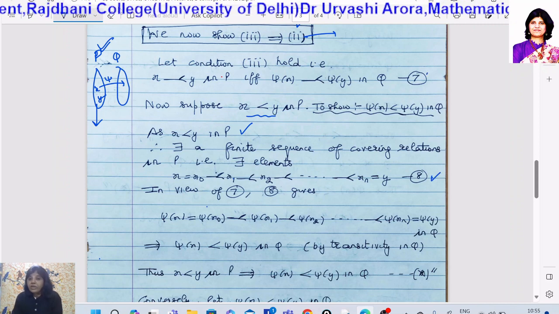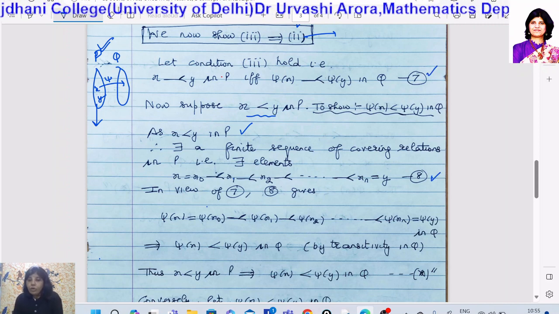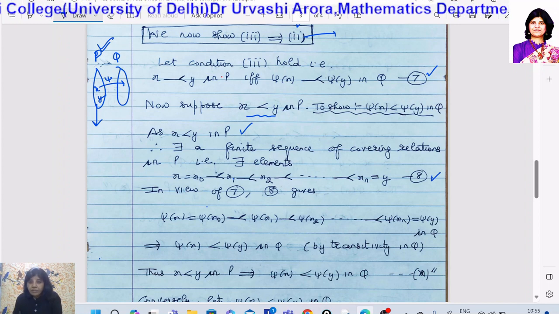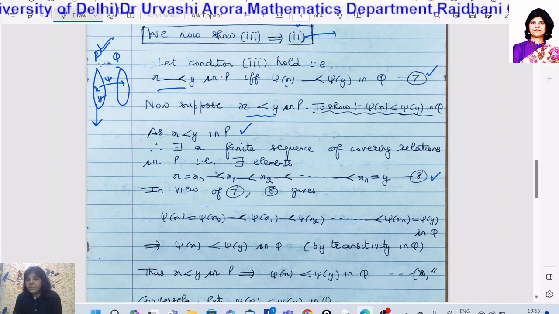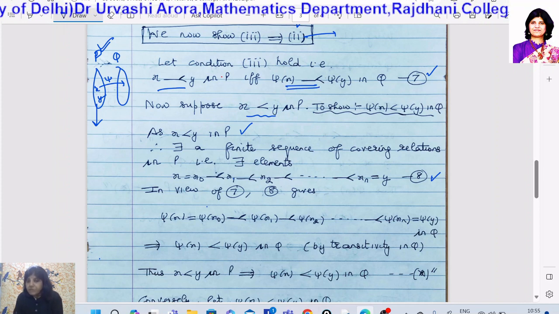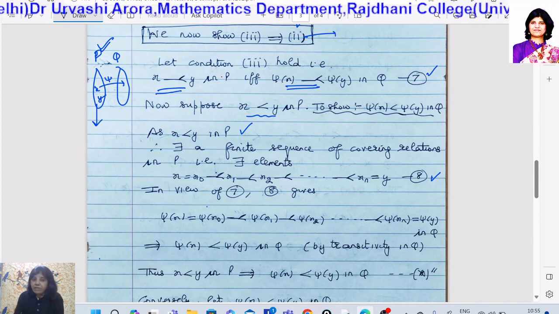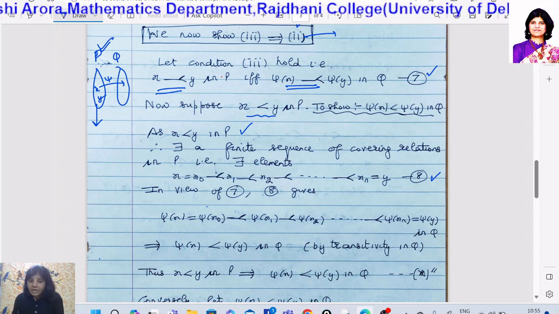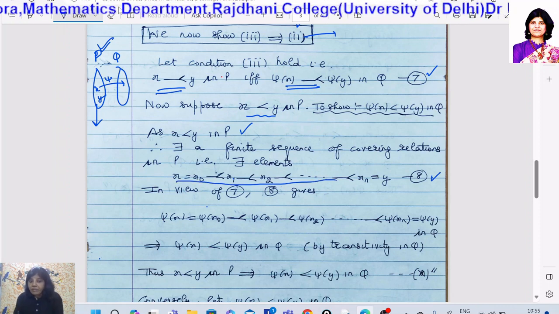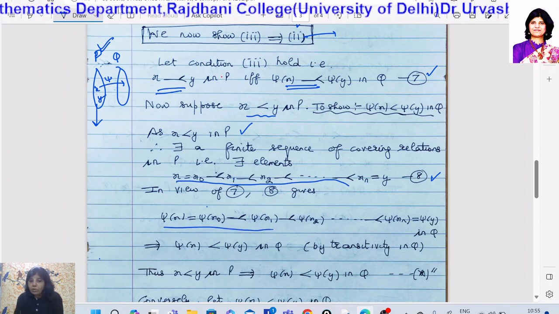Now taking 7 and 8 together: 7 says that whenever the elements behave like covers, their images behave like covers, and conversely. So in view of 7, from 8, because the elements behave like covers, the images will also behave like covers.